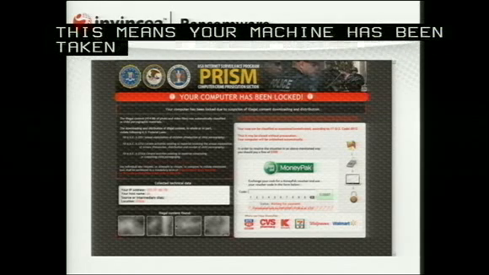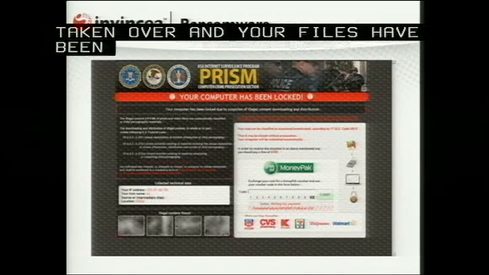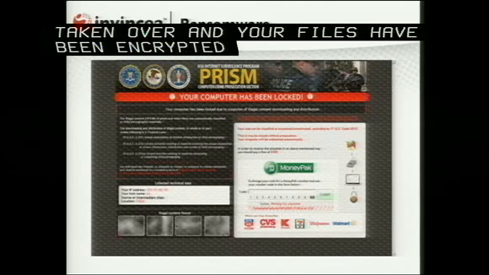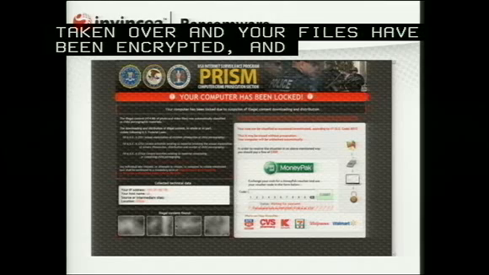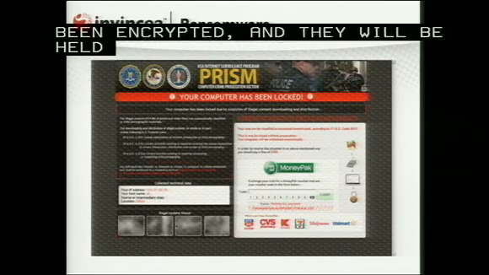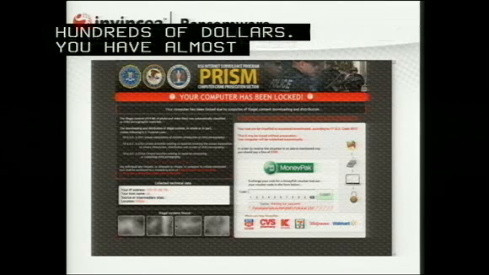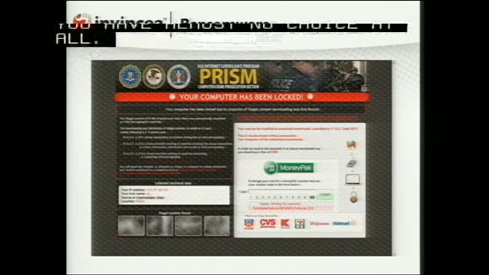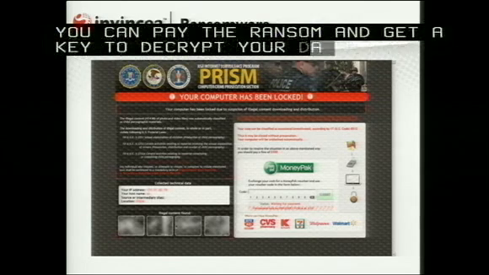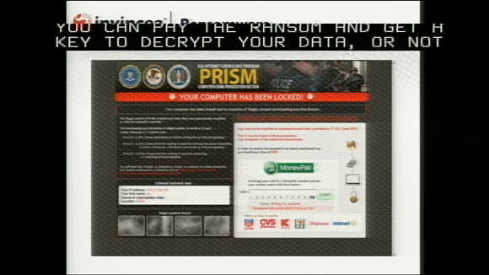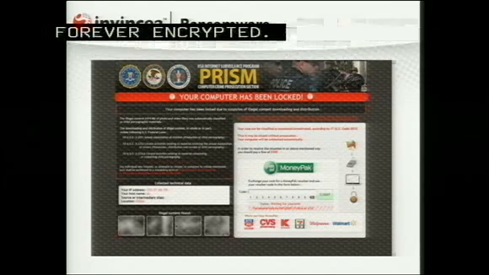You have almost no choice at all. Your choices are to pay the ransom and get a key to decrypt your data. They stay behind, just so that you know that. They'll leave a back door in your machine. Or to not pay the ransom and your data is forever encrypted. It's a tough place to be in unless you've done offline backups.